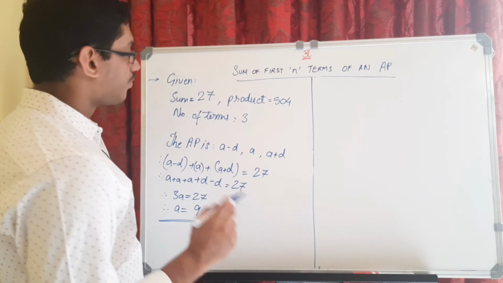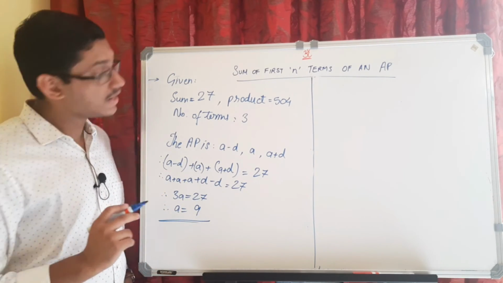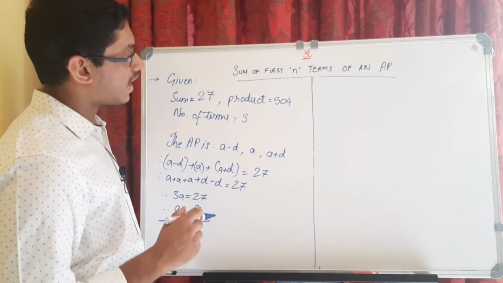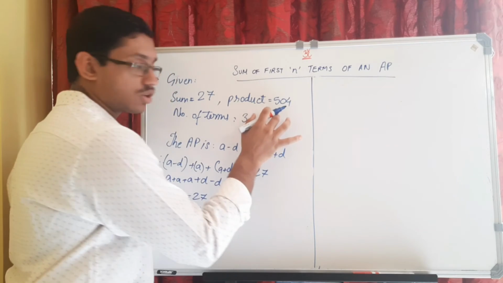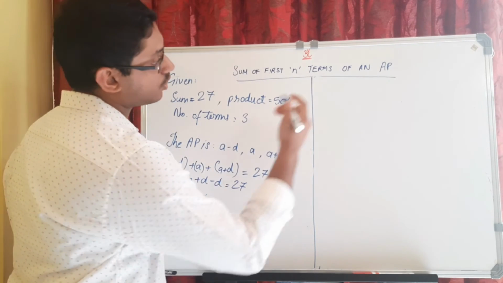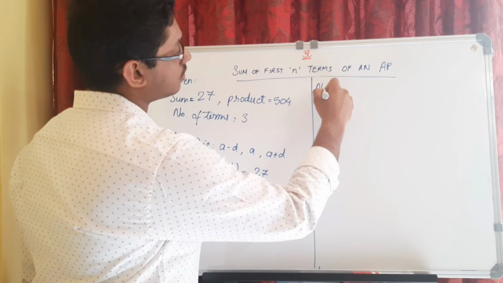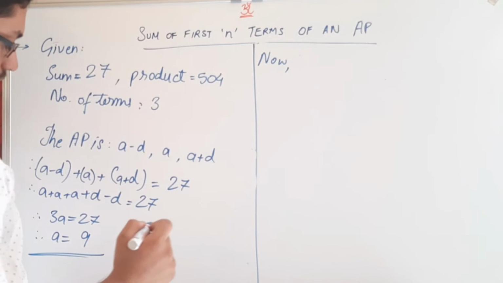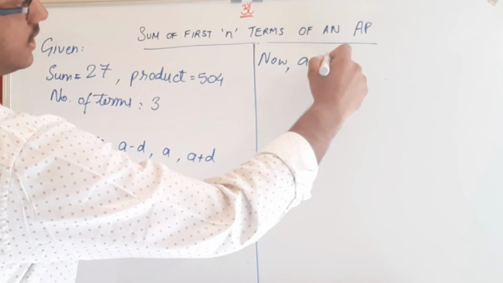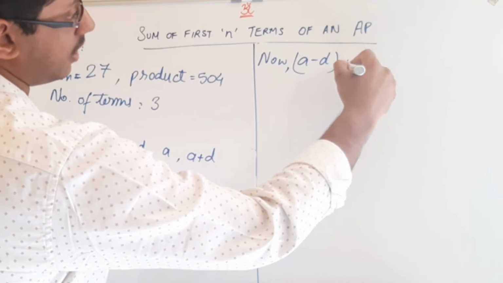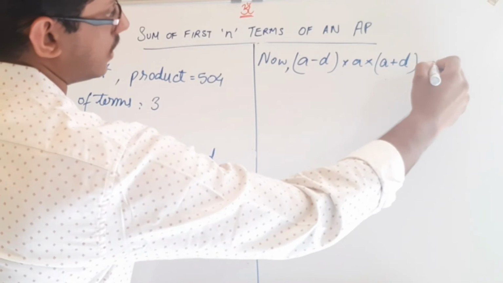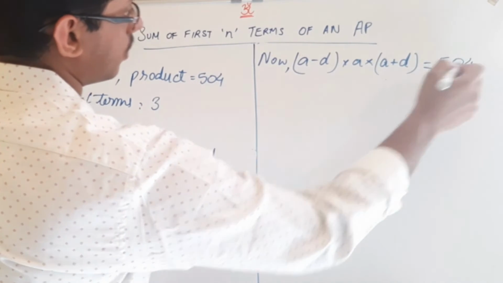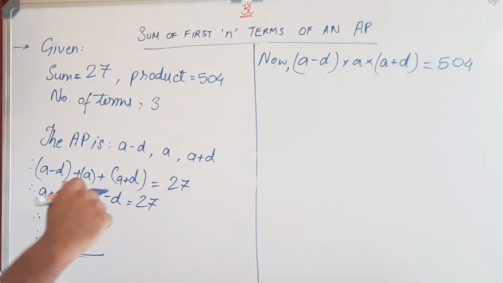The next thing we have to find is d. How will you find d? See, the product is also given. So a minus d multiplied by a, multiplied by a plus d is equal to 504, because it is the product, of course.